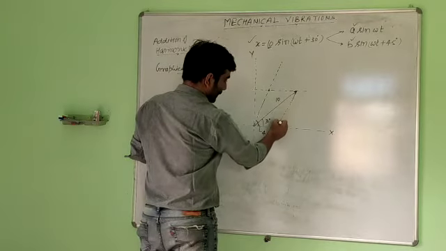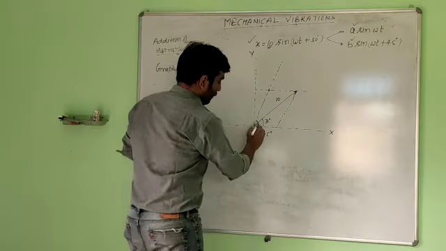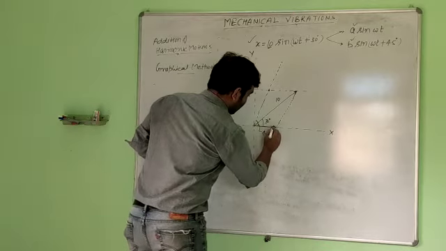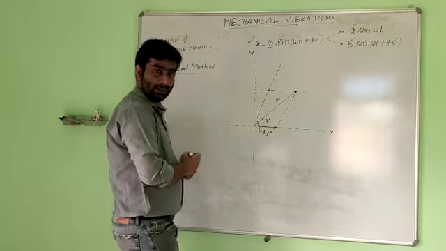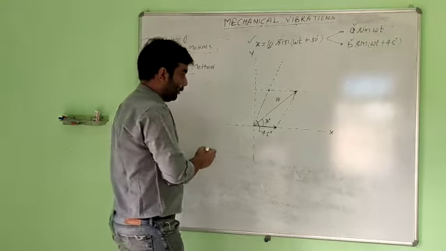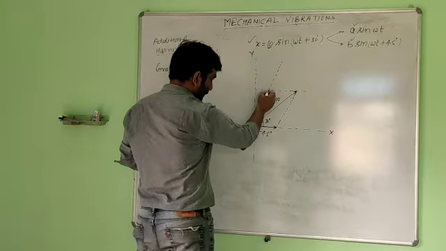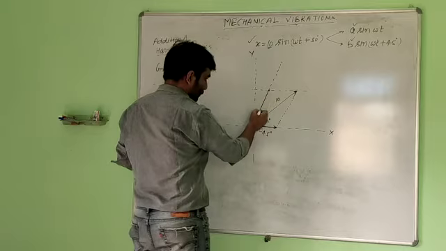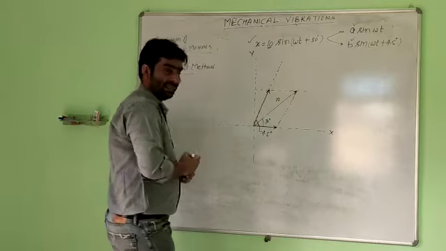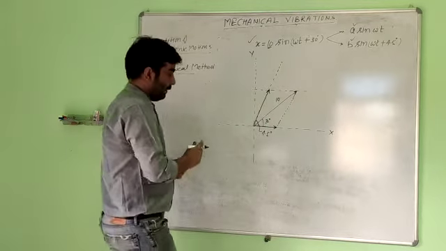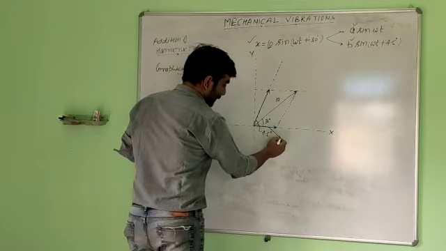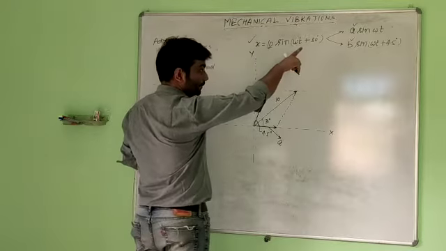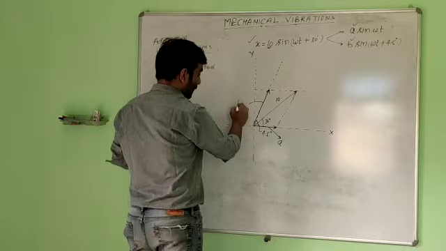They intersect here, giving one side of the parallelogram, and this is the second side. Measure this one to get length A, and this one to get length B.